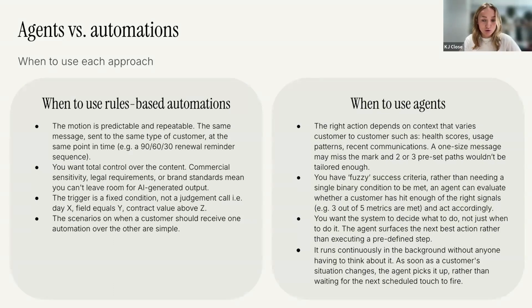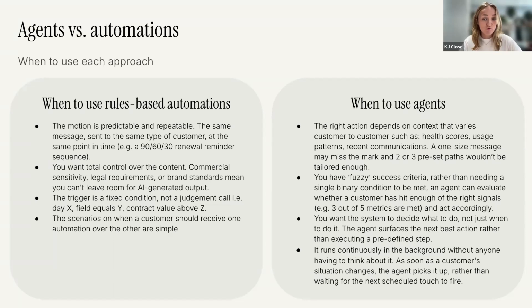And a good agent will use context from multiple different data sources to adapt its approach. A good rule of thumb is to use a rules-based automation when there's a very predictable and very repeatable motion. You don't need to consider too much nuance, and all of the outreach or the action can be templated.